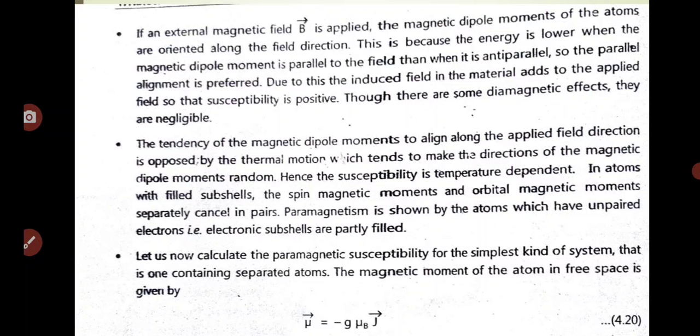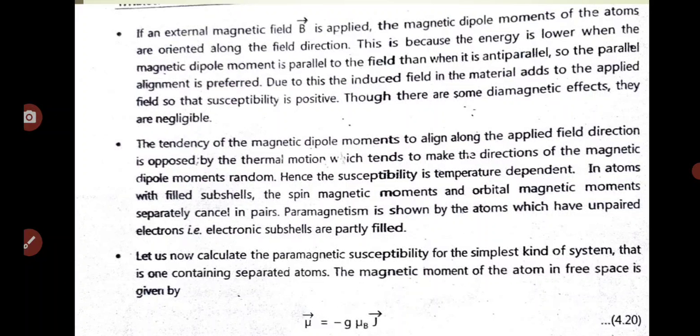While in paramagnetism, the moments of atoms are oriented along the field direction, because the energy is lower when the magnetic dipole moment is parallel to the field than when it is anti-parallel. The parallel alignment is preferred due to the induced field in the material which adds to the applied field, so the susceptibility is positive.